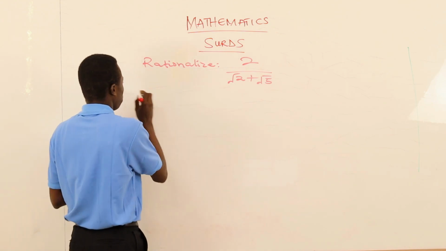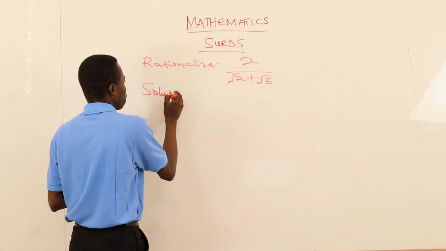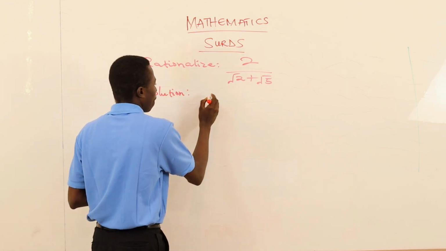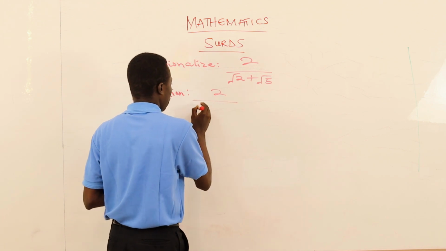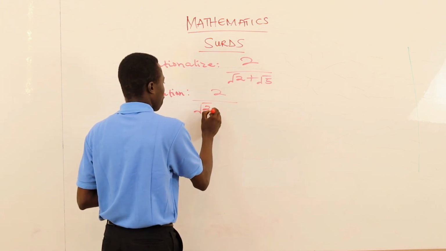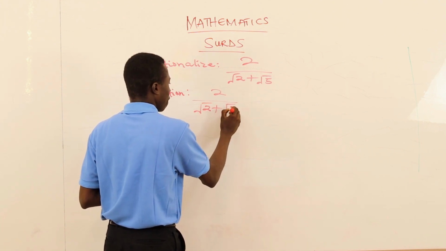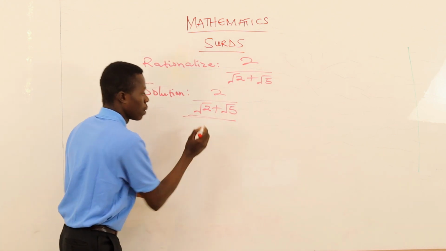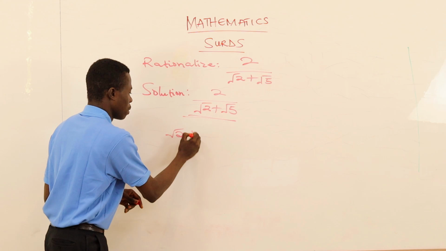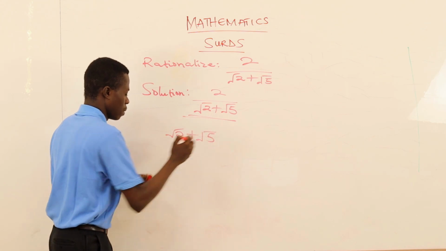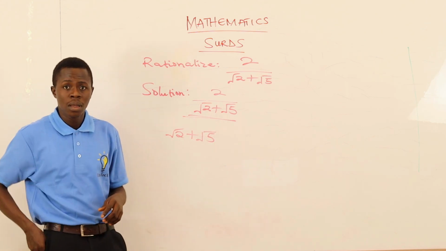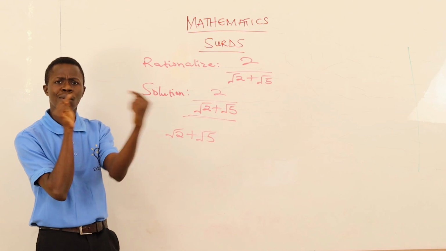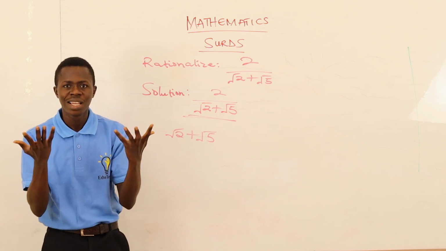So let's try doing that. So we will have our solution. Then we have 2 divided by square root of 2 plus square root of 5. And we are saying that we have our denominator to be square root of 2 plus square root of 5.